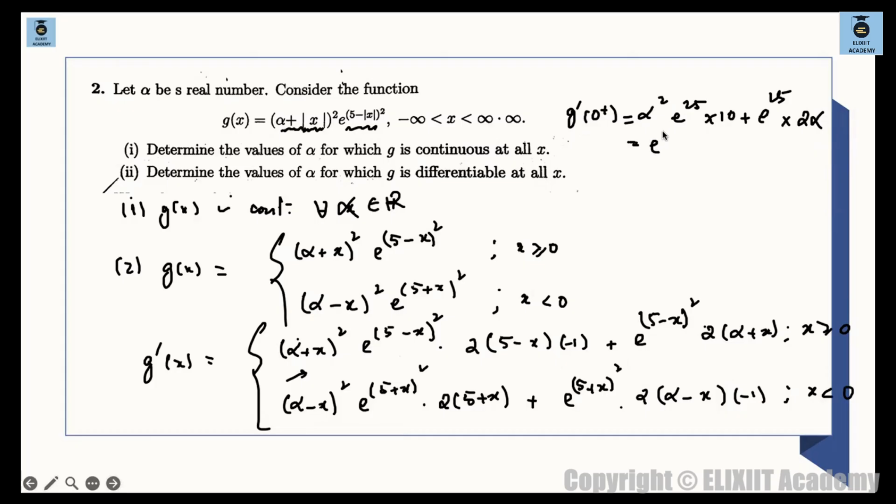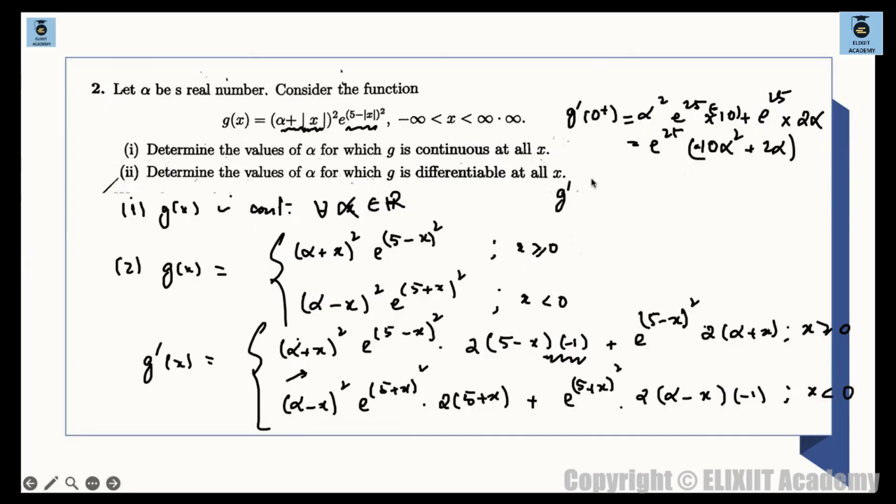So if you take e raised to the power of 25 common, this is 10 alpha square plus 2 alpha. Okay, there was a minus as well, minus of 1, so this will be minus of 10 alpha square plus 2 alpha.